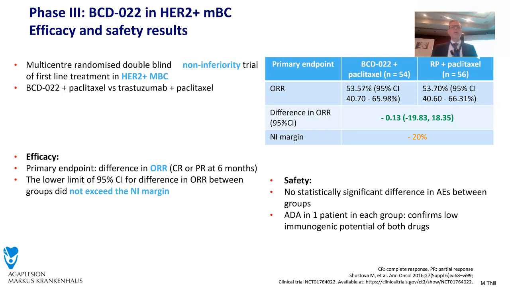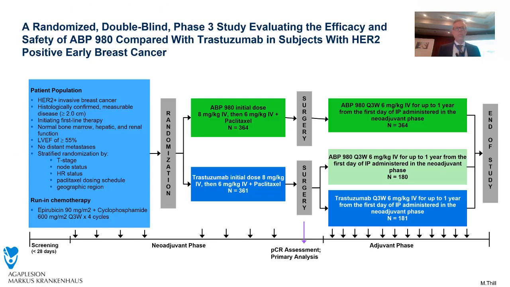And the BioCad study, and this is not of good quality, I have to say, this was a non-inferiority trial. You see minus 20% for the non-inferiority margin, with a sample size of 110 patients in metastatic setting, and now you can understand that the companies that submitted these data to the EMA were not successful. So the EMA rejected and said, no, this is not good for approval.